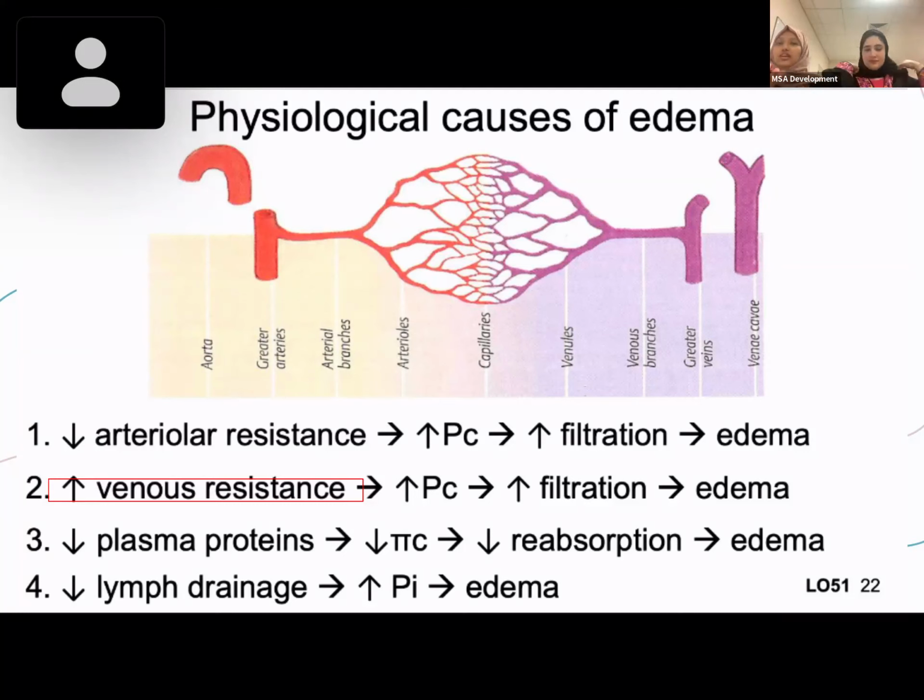You have capillary hydrostatic pressure, and plasma oncotic pressure, which is the plasma protein pressure. It drags water inside the blood vessel. And then you have interstitial oncotic pressure, which is the pressure in the interstitium, and interstitial hydrostatic pressure. Now, hydrostatic means the fluid or the water in general.